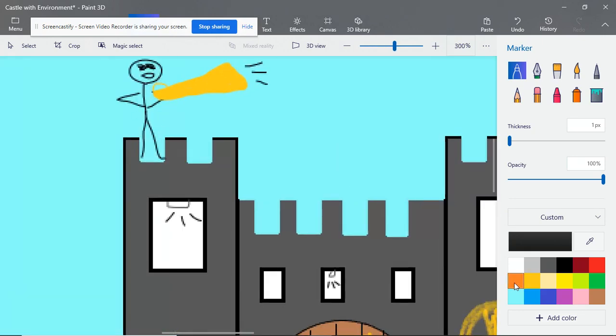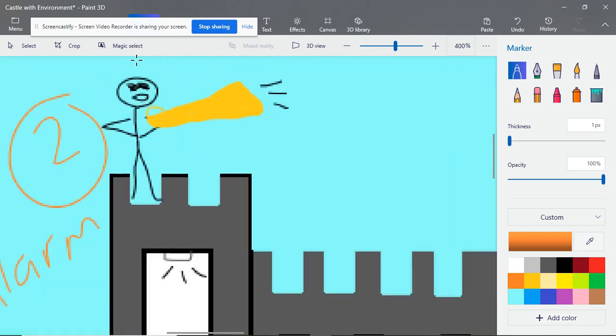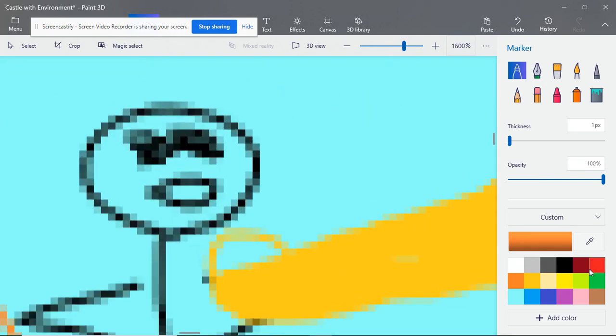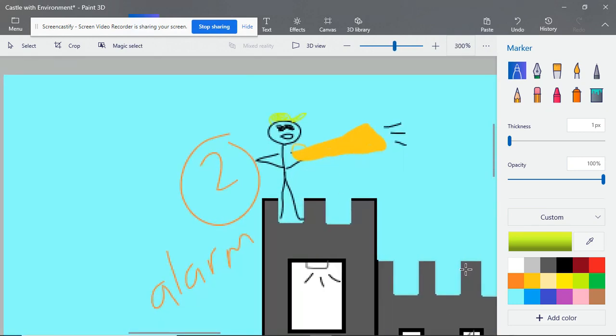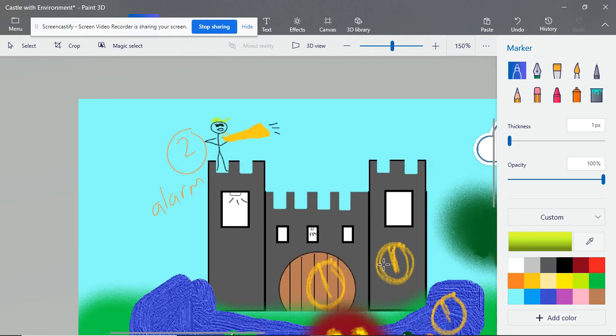So this is your second level of defense here in the castle, your security. It's your alarm. This guy right here, I'm gonna give him a hat. He's just like a security guard. Pretty chill though. No uniform needed.